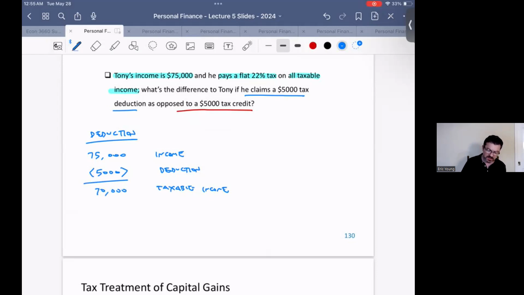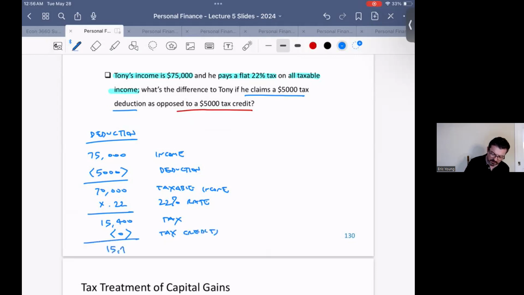He's paying a 22% tax rate, so we're going to multiply his taxable income by his 22% rate, and that gives us $15,400, and that's his tax. He has 0 tax credits. I'll be real specific here. He has 0 tax credits, and therefore his total tax is $15,400.